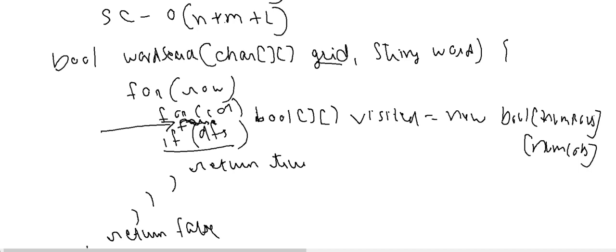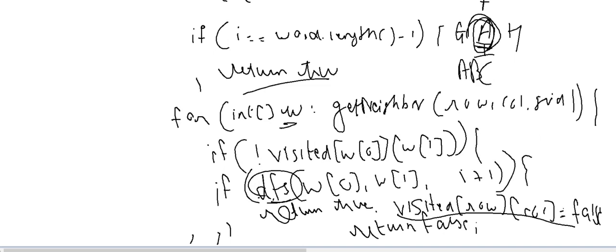So that's one way of doing this. Every time you start DFS from each of the cells, your visited array is all false. And if you don't want to do it this way, you can also do it the other way: while backtracking, you mark that as false.